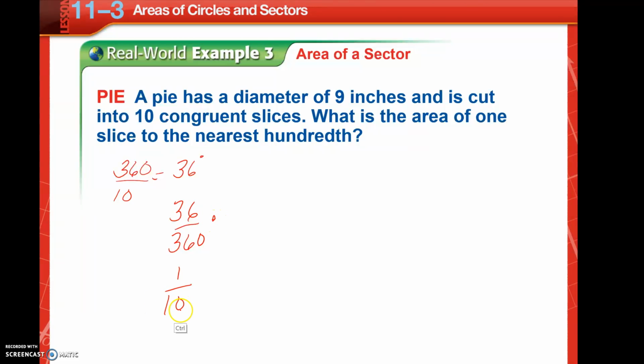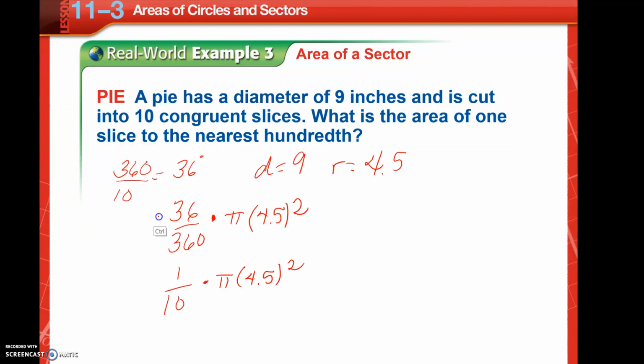But if you're not given how many slices there are, then you would have to use the angle divided by 360. That gives you your fraction. Then I'm going to multiply that times the area, and area is pi r squared. So my diameter is 9, so my radius is 4.5. So 4.5 squared.